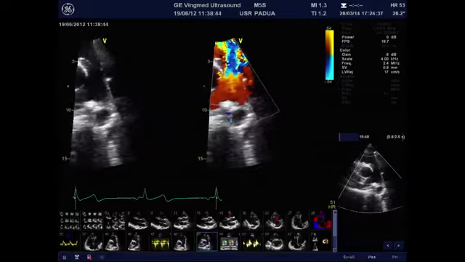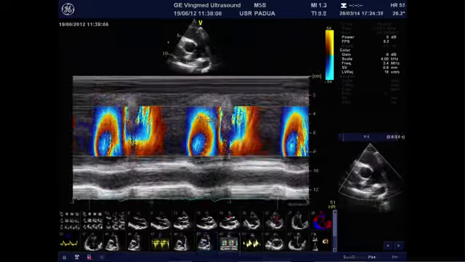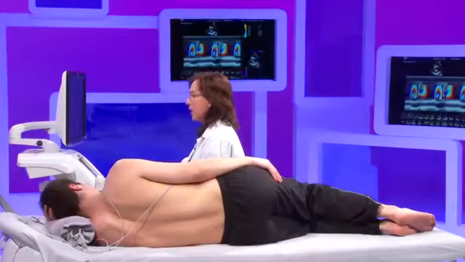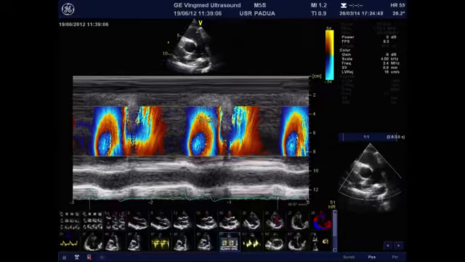Another parameter that may be useful sometimes is the duration of the pulmonary regurgitation relative to the whole duration of the diastole. This can be assessed qualitatively with the color M-mode imaging.